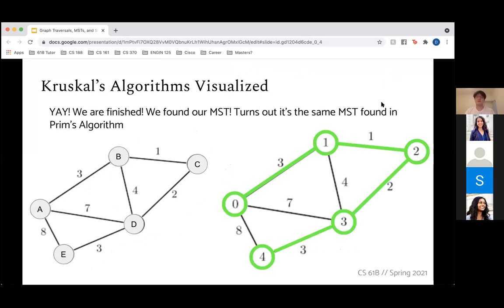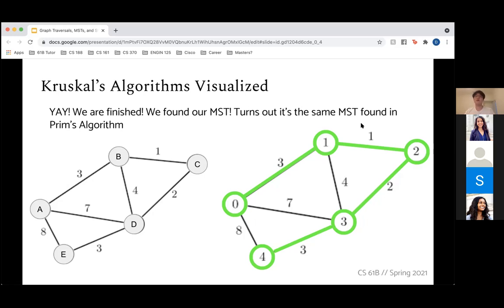So yes, we can stop when all the nodes are connected. It really depends on your implementation of Kruskal's. If you have another check for whether you have visited all your vertices, or until our tracking of vertices has been completely fulfilled, yes, you can stop Kruskal's algorithm early.